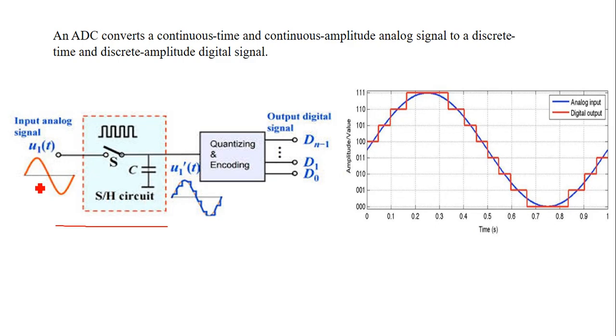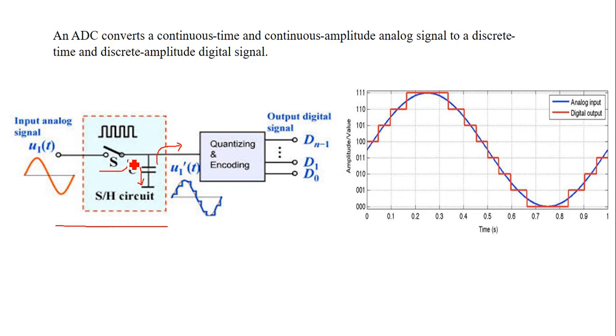If you give a sine wave or any analog signal and close this switch, what happens? This capacitor starts charging. Then when the switch is opened or turned off, the capacitor discharges through the load. This is called a sample and hold circuit.